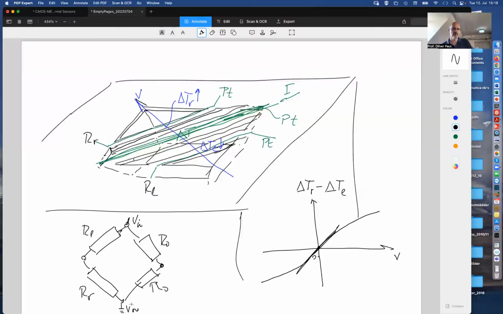Or ground. And then at V0, the voltage difference here, this output voltage is going to be 0.